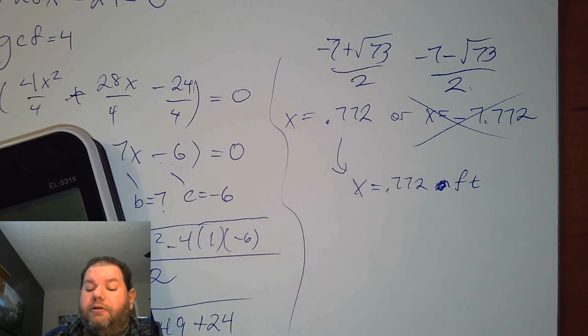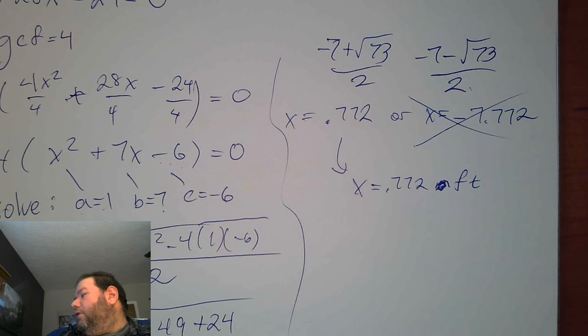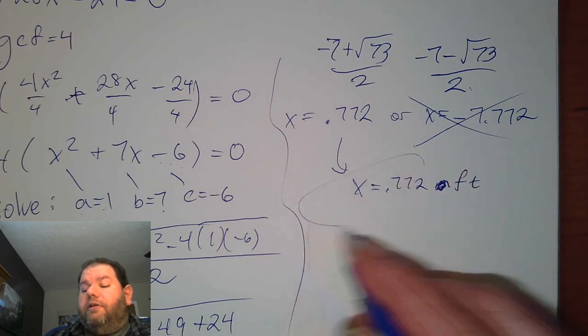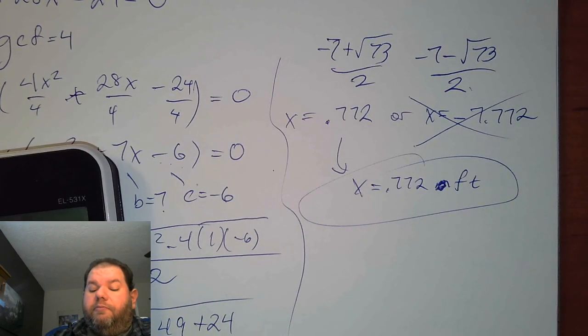Probably not. No. Okay. So we get 0.772 feet. So that means the garden flower bed has a border that is 0.772 feet wide.